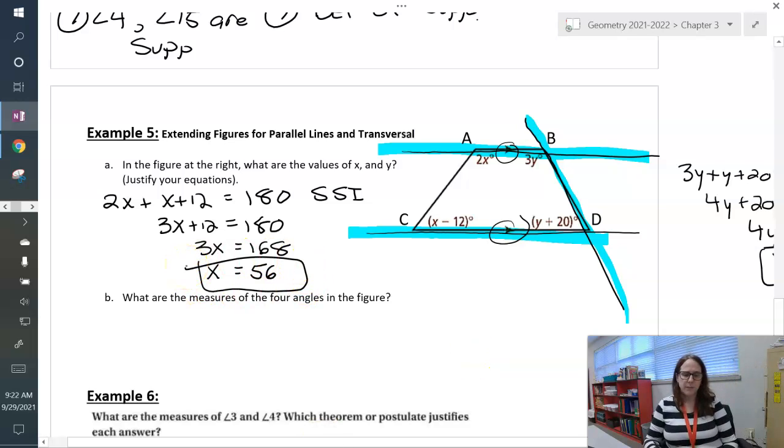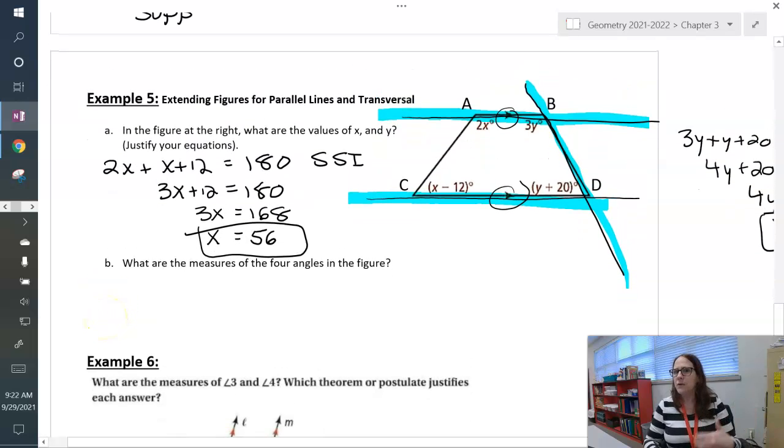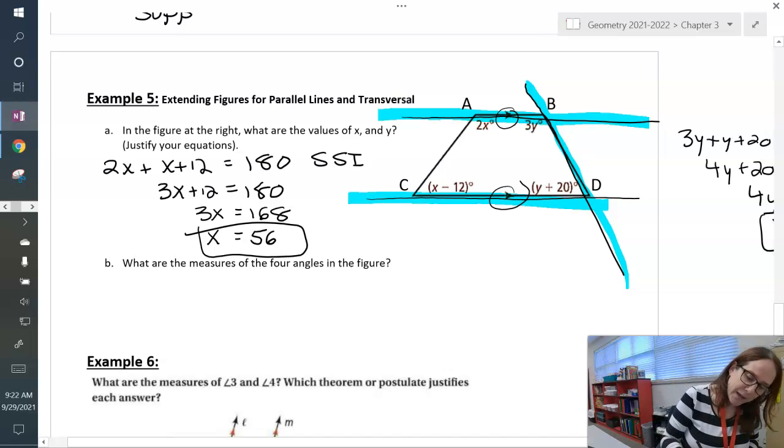Now it asks us for the measures of all of those angles in the figure. So all I got to do is plug in. This is just algebra. So my 2x angle is going to be 2 times 56. I get 112. That one's 112 degrees.